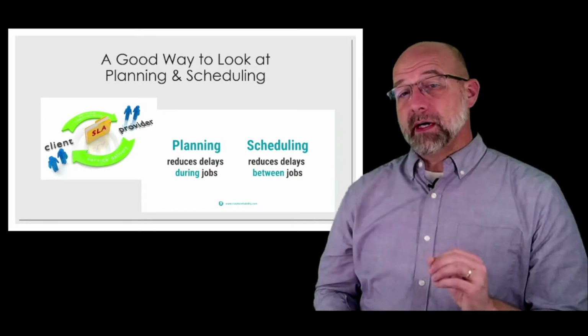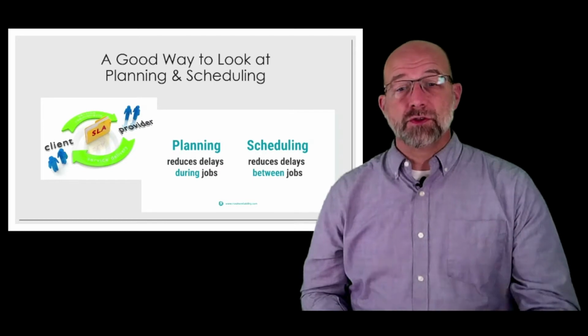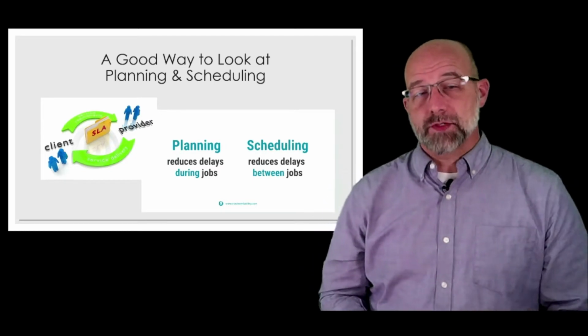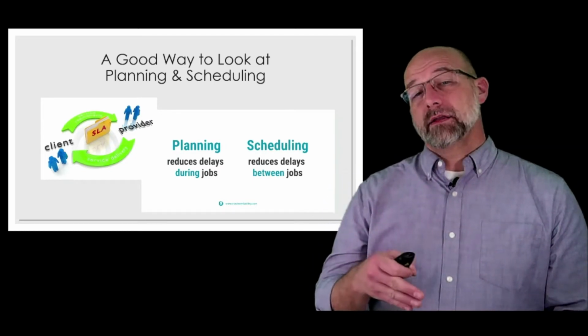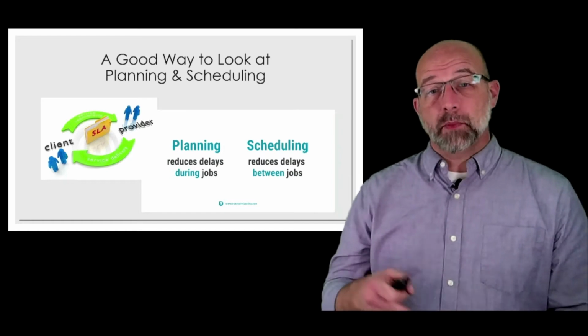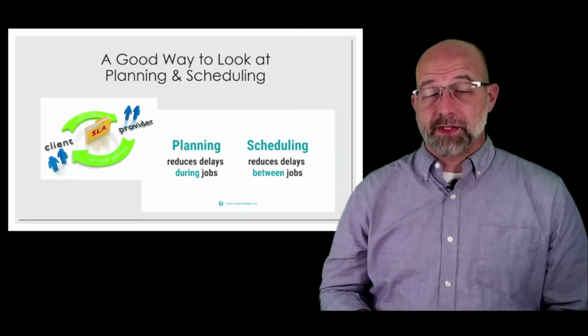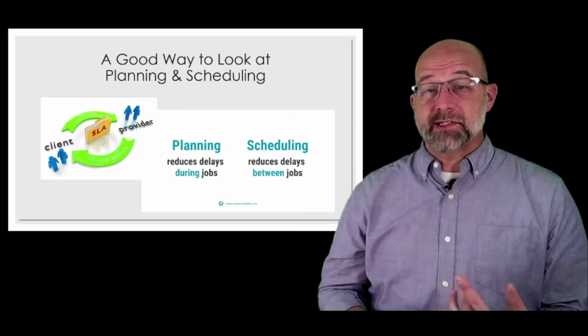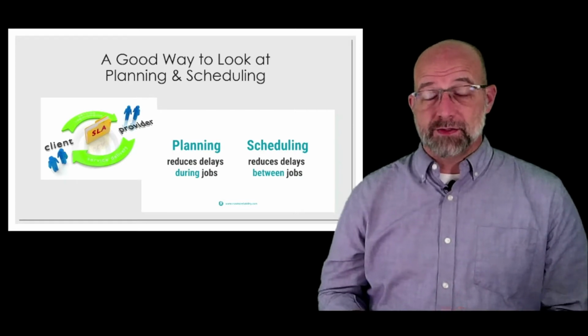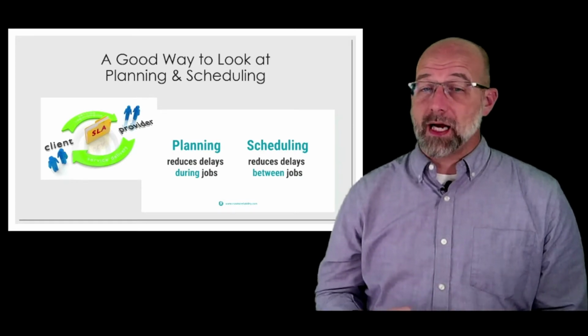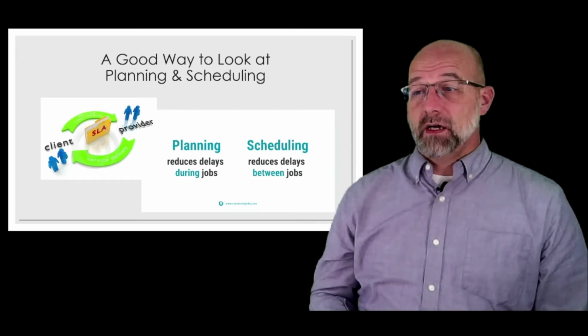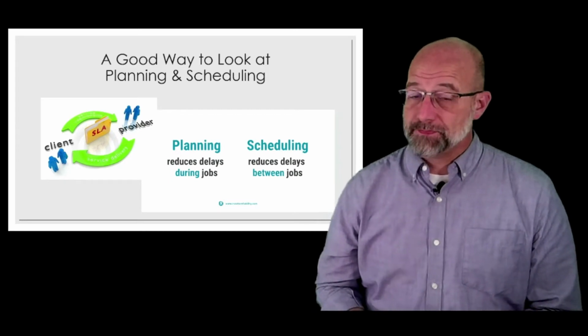Making them better by planning ahead, which will reduce the delays during the jobs. You'll identify the materials that you'll need, the person power that you need, equipment that you might need. If there are any safety related issues that you might need to take care of, like outages, lockout tagouts, safety task analysis perhaps.